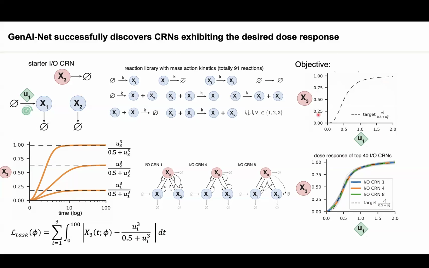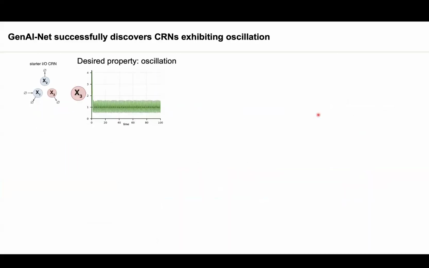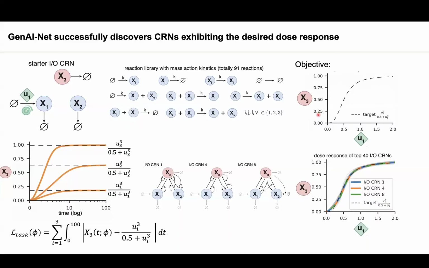When we think about the objective, for each rate you want, we get some amount of X3 at some time. Precisely, it is the steady state.